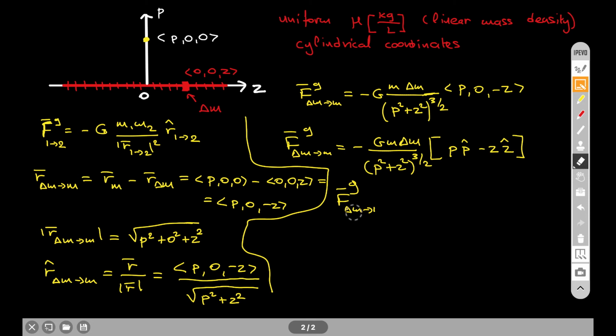So the force from the entire rod on the point particle will have to be the sum of all of those forces, with delta m sub i.